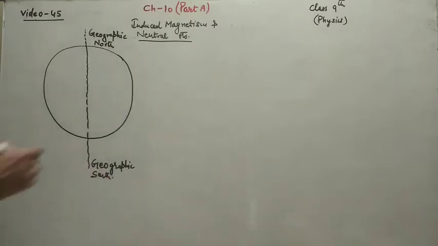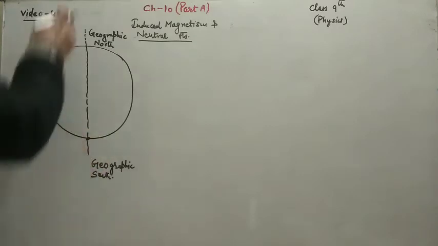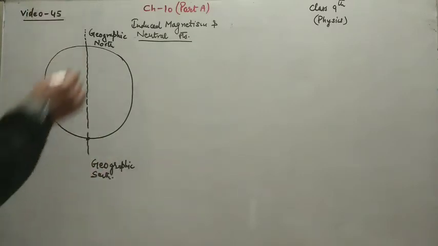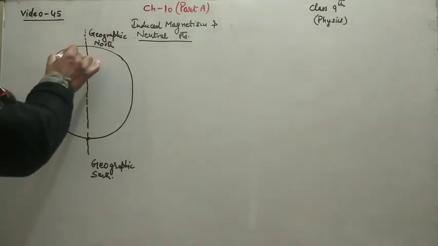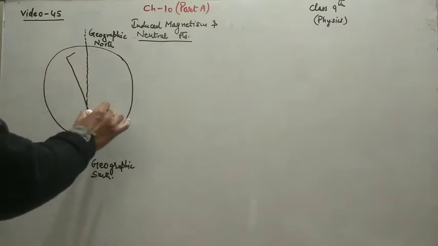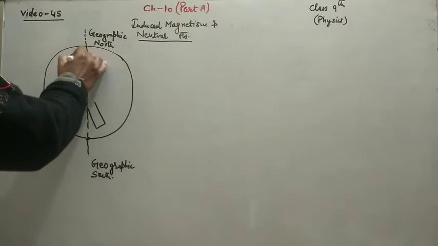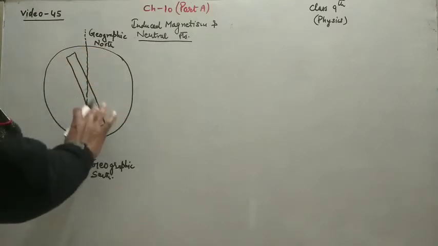This is the axis which is passing through these poles, and there is a huge bar magnet, assumed to be somewhere inside the earth in this way.